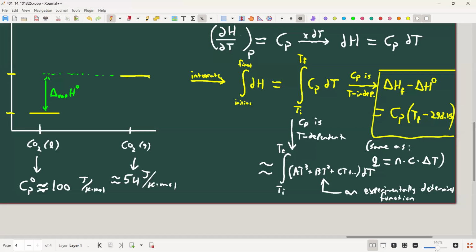Right? So if I increase the temperature by some amount, if we go from 298 to some new temperature, let's say it increases to there, delta T, and now we're at this new point here. Well, we know that the gas side is only going to increase half as much.